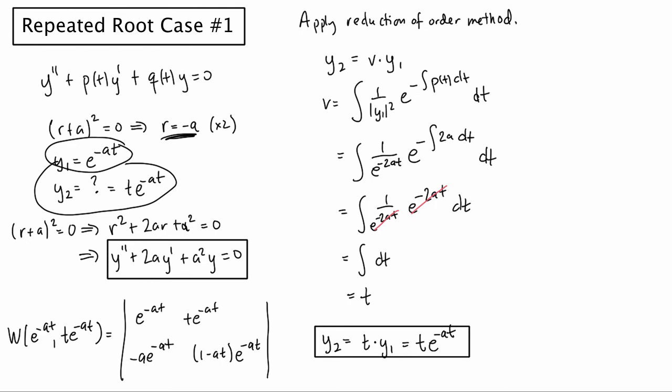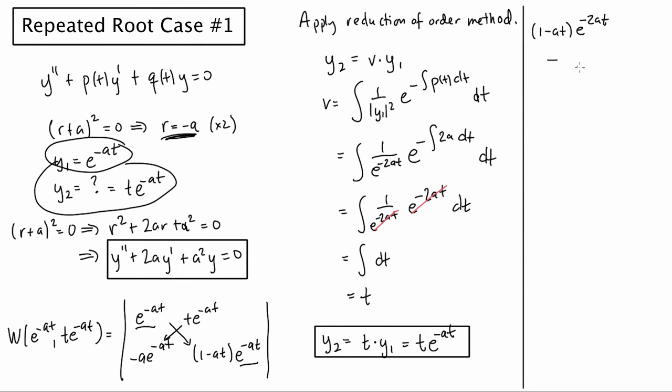And I'll do that over here. Let me create a little space here. So over here on this side, if I look at that determinant, remember it's the cross diagonals. So it's 1 minus at e to the negative 2at. If you multiply these two together, remember you add the exponents. And then it's minus that off diagonal.